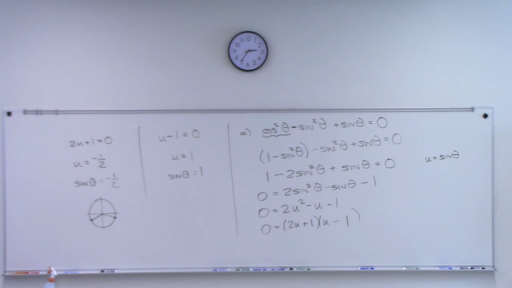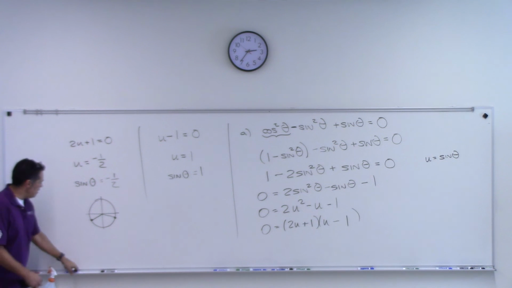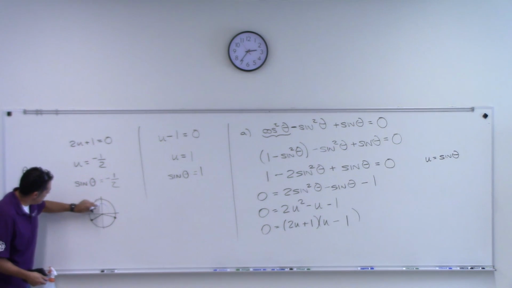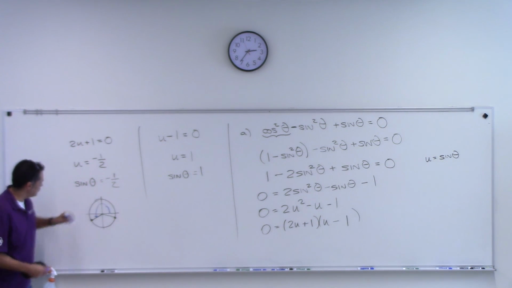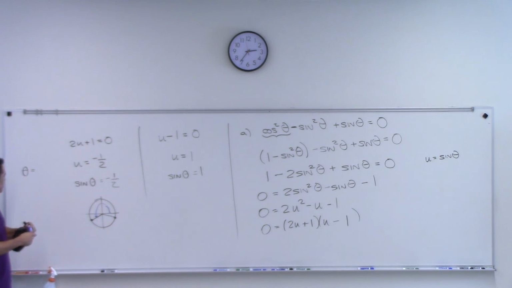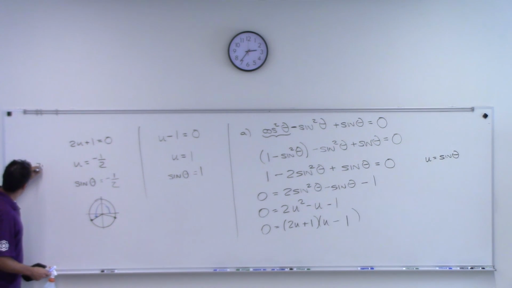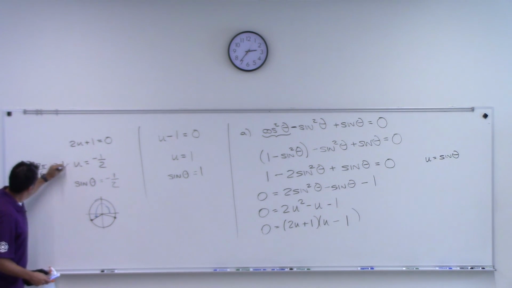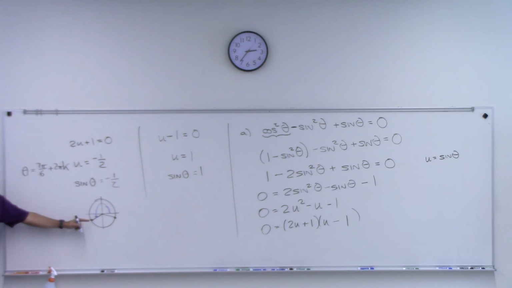So when we do our general solutions, we can't add pi k, we have to do 2 pi k, right? And so you're going to have to have 2 sets of answers. Your first set of answers starts at this angle. So what angle do you want me to use for that? 7 pi over 6? 7 pi over 6 plus 2 pi k. That'll give me that first general set of answers.